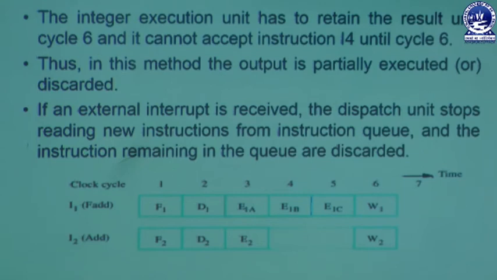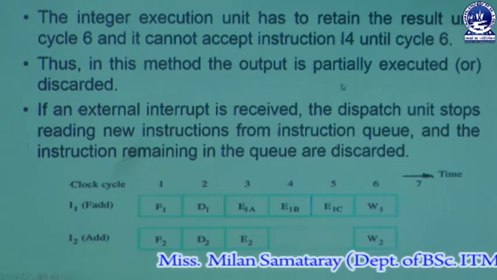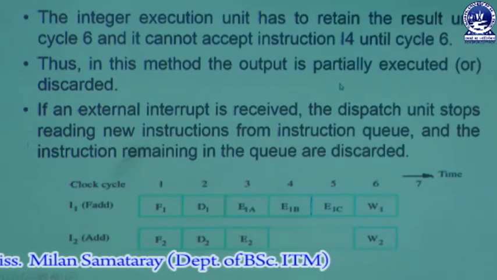So, we know that in superscalar operation, let us say we are using 2 execution units, one for integer execution, another for floating point. So, the integer execution unit has to wait until the result is written, and the result will be written in clock cycle 6. So, in this method the output is partially executed, or you can say it will be discarded. So, that is the concept of precise exception.